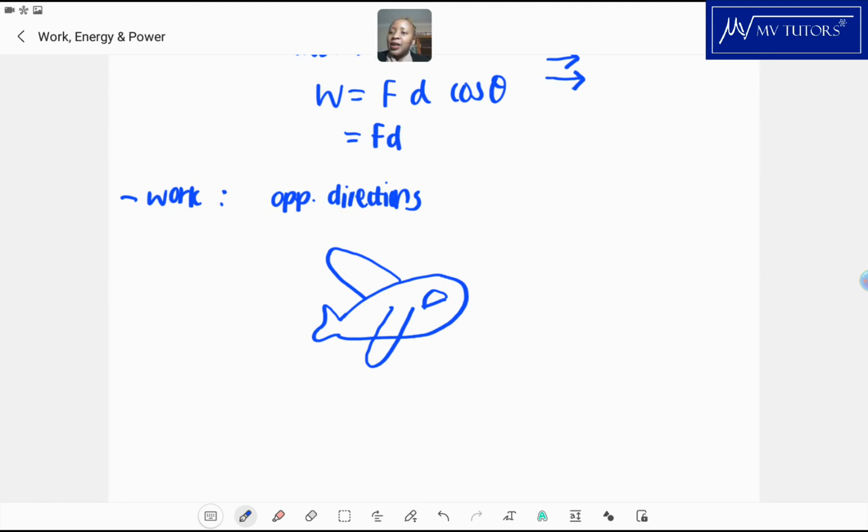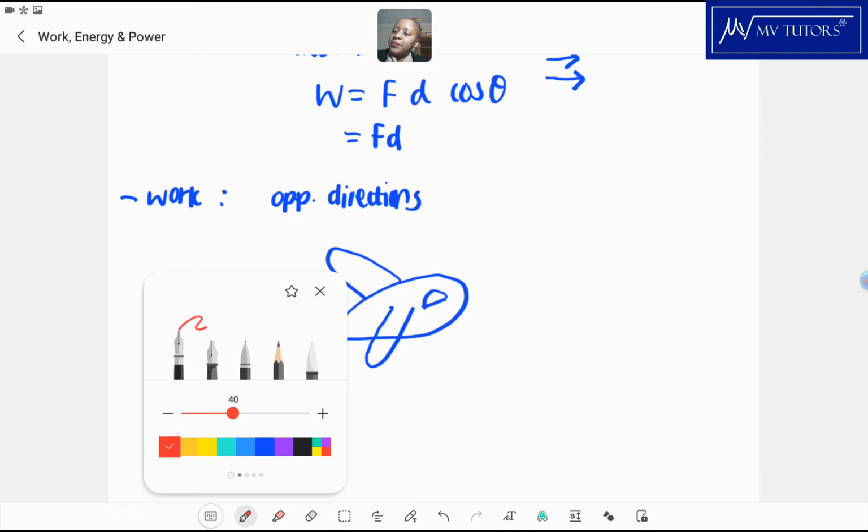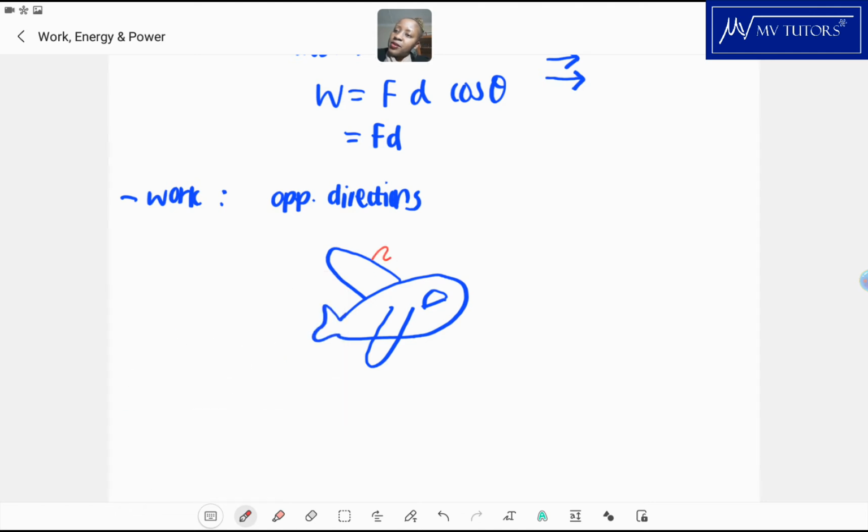It looks like a fish now. But you have tension strings. Let me just use a different color. So you have strings here pulling at it so that it can come to a standstill. So we say Ft for tension.